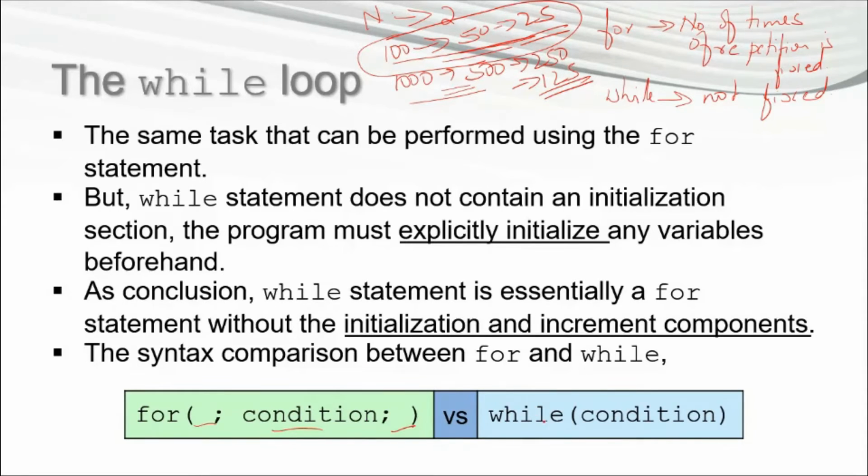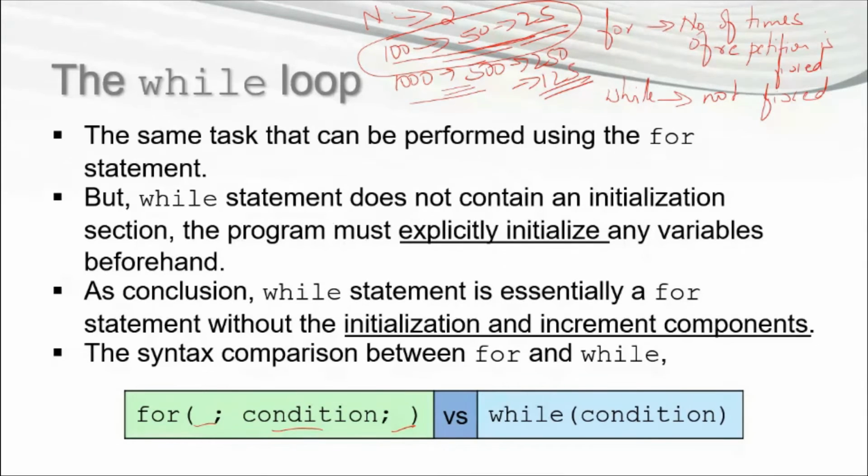In the case of a while loop, only the condition is there. So the initialization is to be explicitly given, as well as the increment or the decrement. As a conclusion, a while statement is essentially a for statement without initialization and increment components.